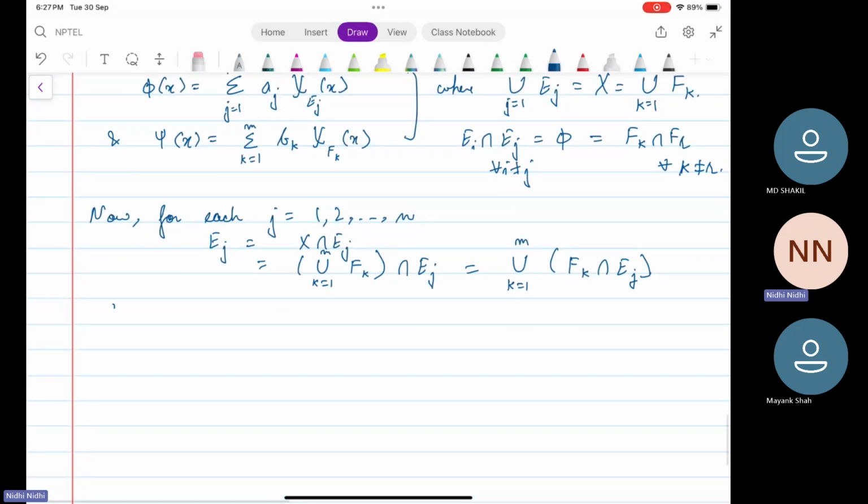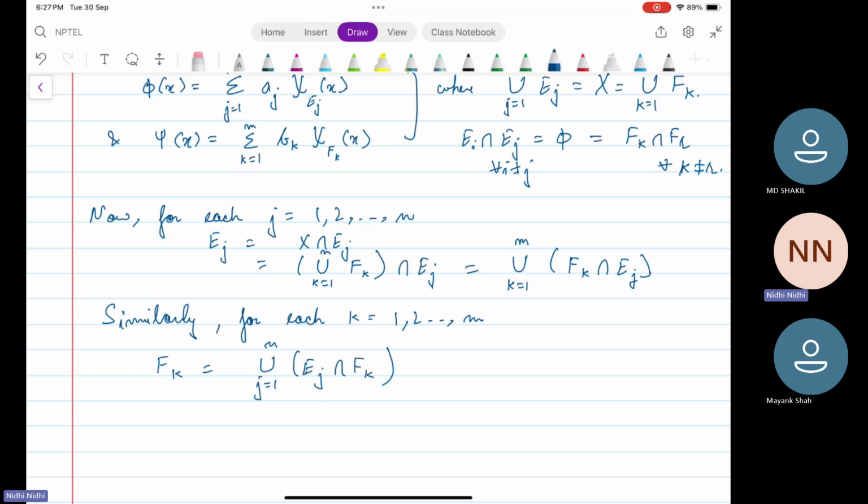Similarly, for each k from 1 to m, we can write this F_k as the union j from 1 to n of E_j intersection F_k. I hope it is clear how I have written these sets E_j and F_k.